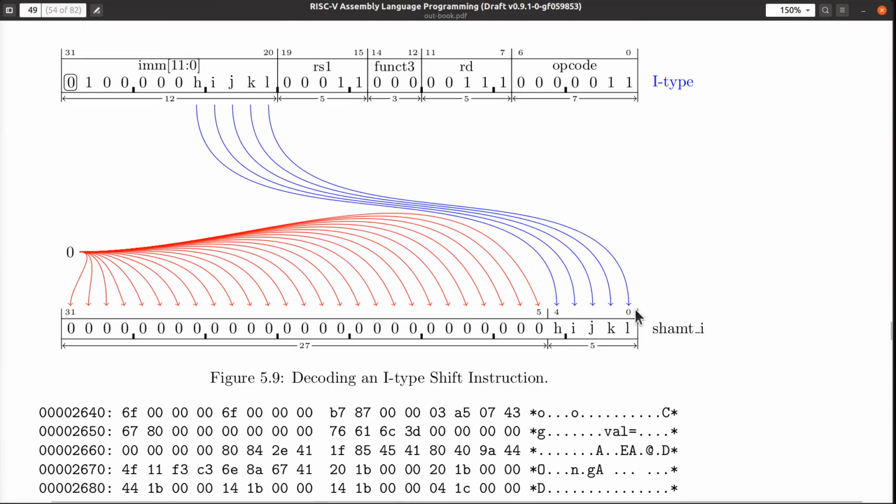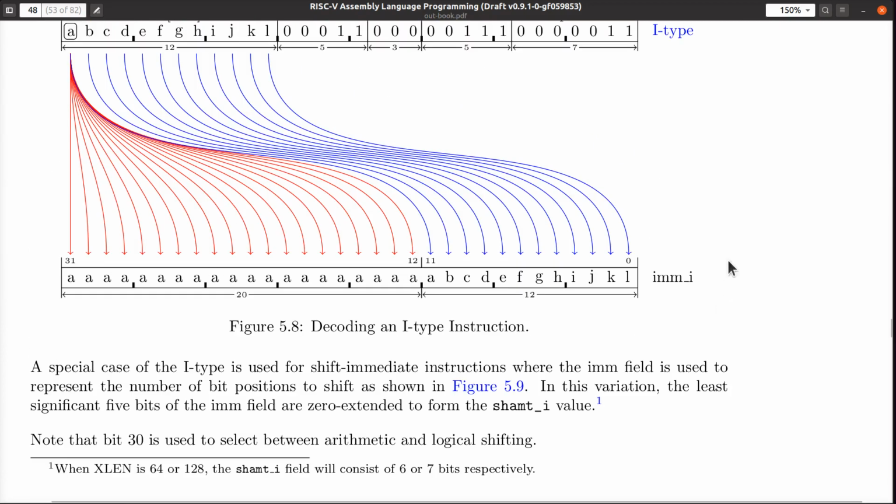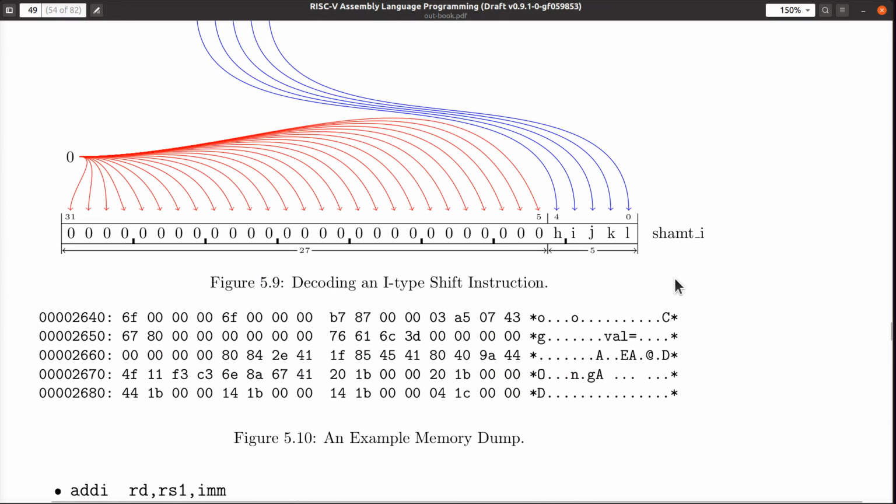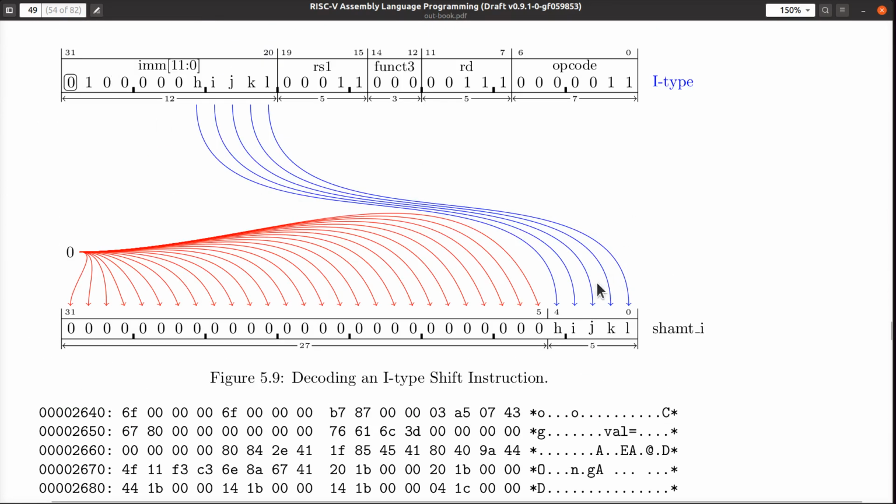So that's what this diagram down here shows, just for the sake of completeness. If you actually built this hardware to shift versus add and whatever else you do with the IMM_I up here, you literally would have to build a circuit that takes these 5 bits and throws the other ones away in order to get this value and then sends it over to the shifting hardware, okay?